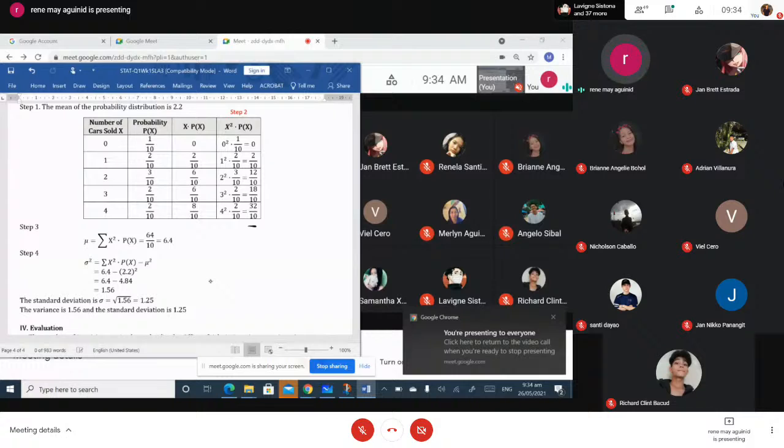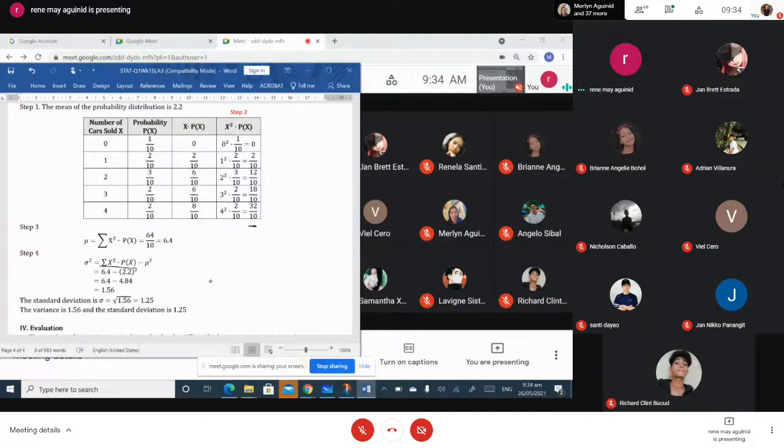Okay, sorry, our mu squared. Our mu is 2.2, and this one is 6.4. So minus 2.2 squared, that is our mu squared. So you have 1.56, and the square root of 1.56 is 1.25.